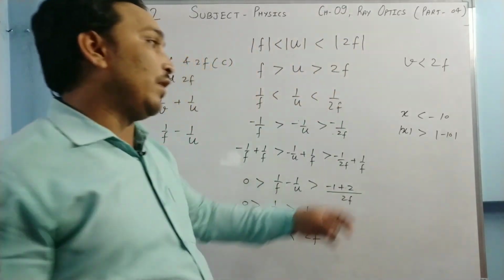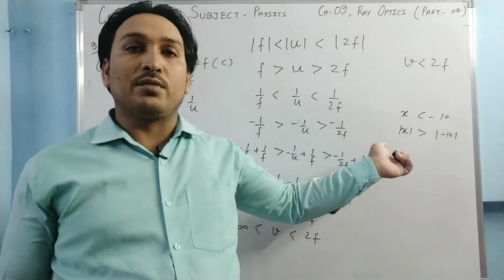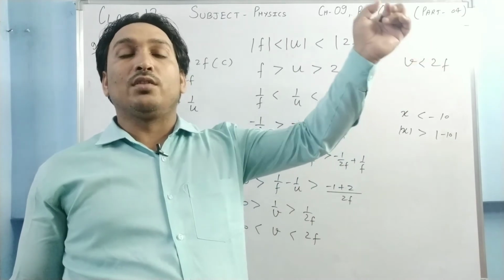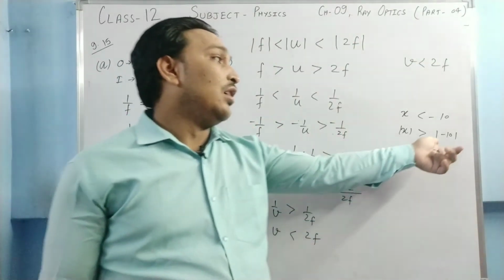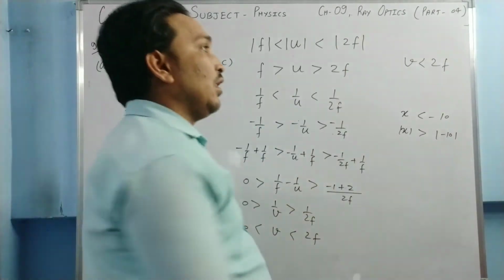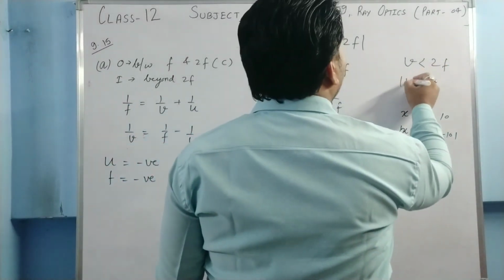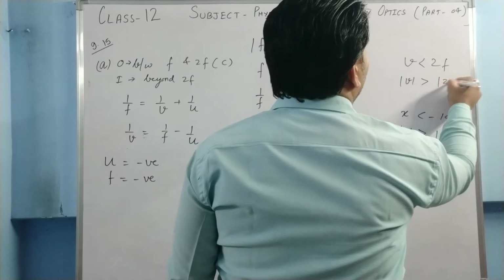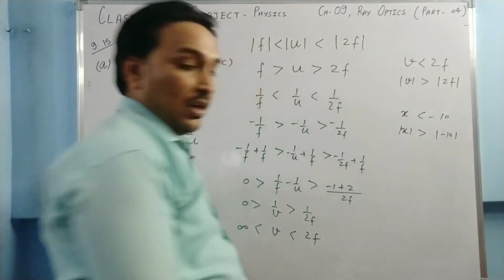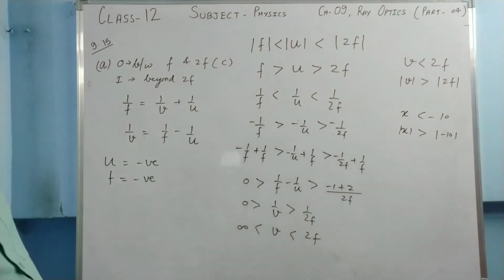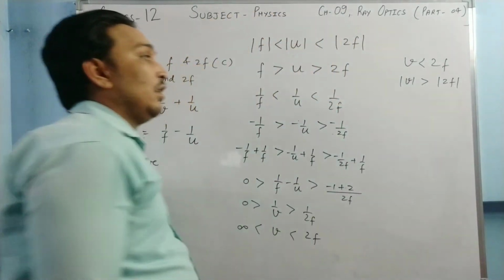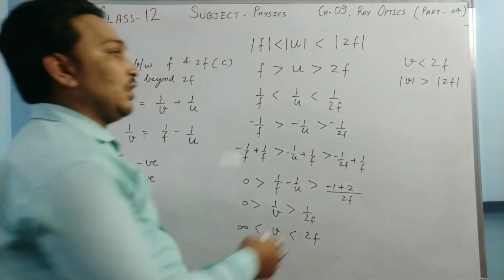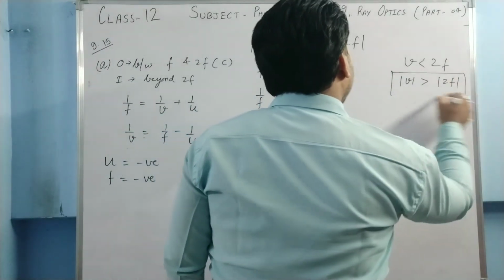Because the probable values of x were -11, -12, -13, whose magnitudes are greater than 10. Same happens here. If v is less than 2f, we can write the magnitude of v is greater than the magnitude of 2f. So the image is formed always beyond 2f.